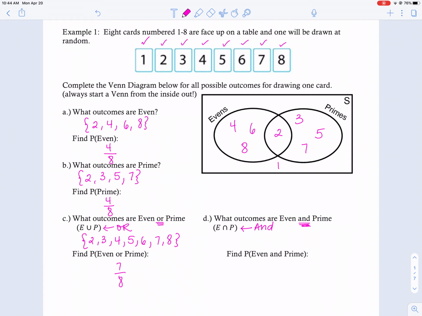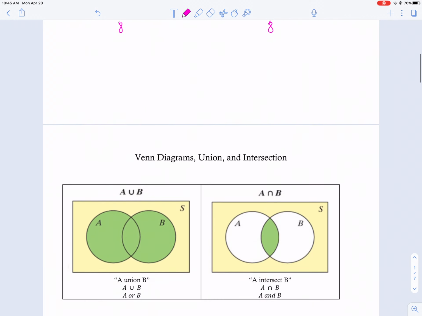So what options are even and prime? That's only one option, the 2. So 1 out of 8. And notice they are complements of each other, right? Even or prime and not even or prime has to be your 1/8. They're complements.